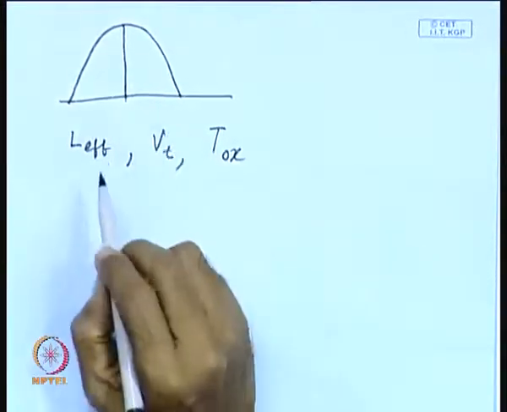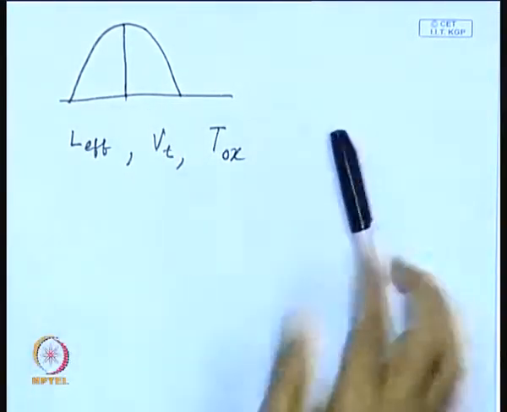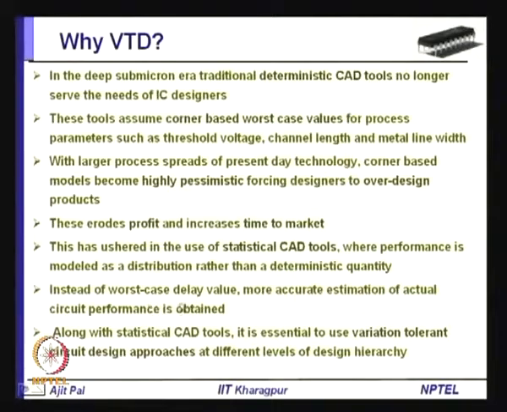All these parameters are no longer fixed and constant, they are random variables. So, you have to use a statistical approach in synthesizing the circuits. Instead of a worst case delay value, a more accurate estimation of actual circuit performance is obtained whenever you use these statistical techniques.